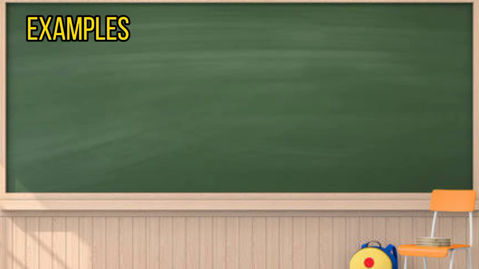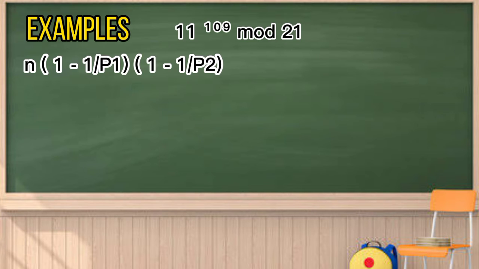For our example, we have 11 raised to 109 modulo 21. In this case, we will use rule number 4 of Euler's theorem, which is n multiplied by the quantity of 1 minus 1 over p sub 1 times the quantity of 1 minus 1 over p sub 2.